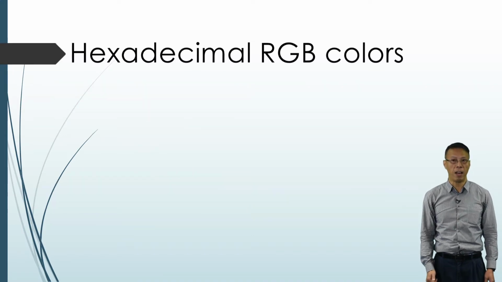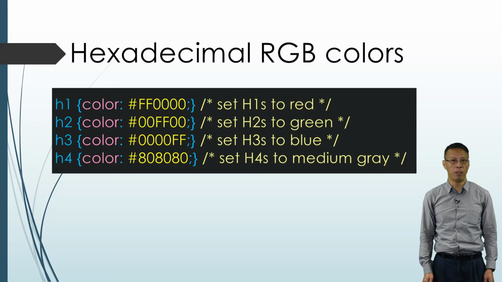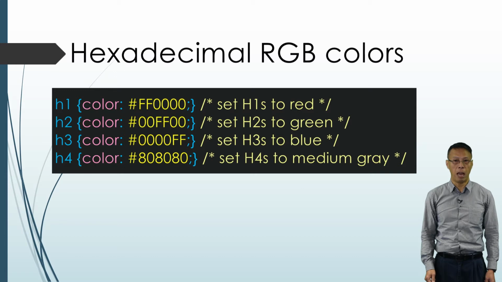Another way to specify the colors is to use hexadecimal codes to specify the RGB color. Here we look at the source code of a CSS file. For H1, we have FF0000. The first two letters, FF, represent the red part.